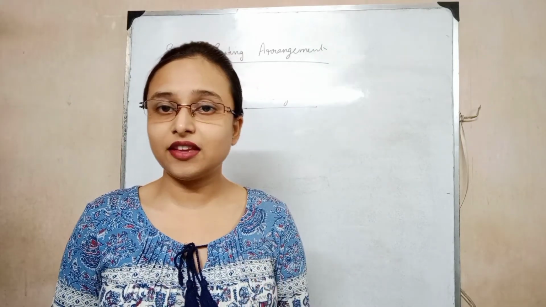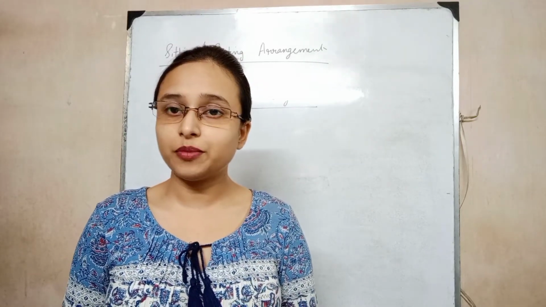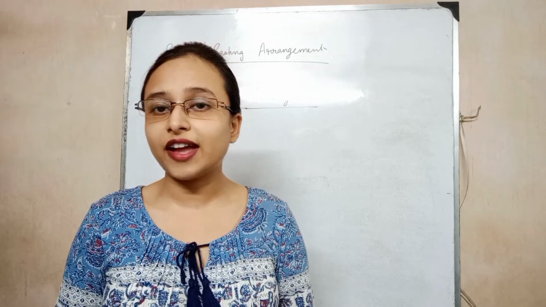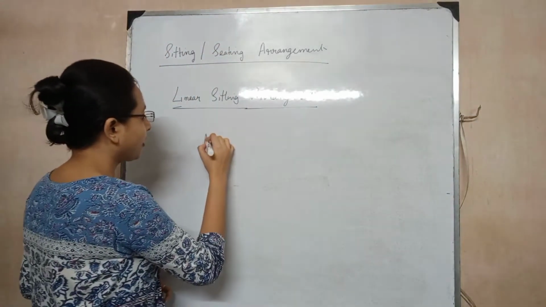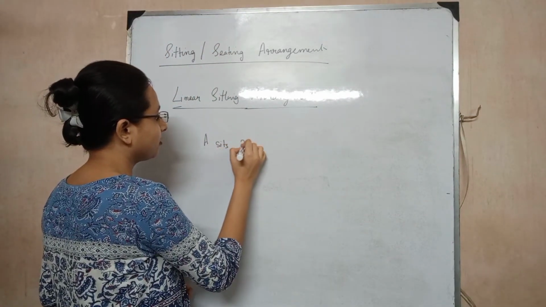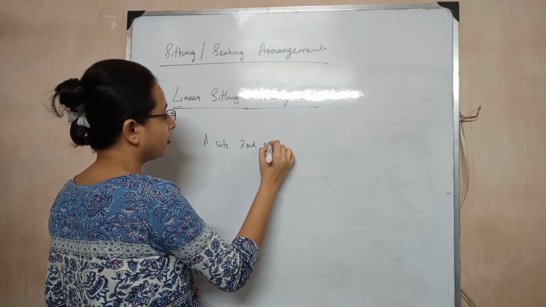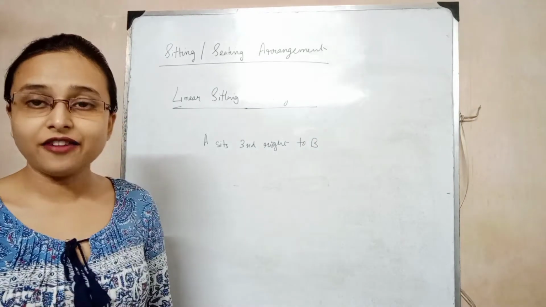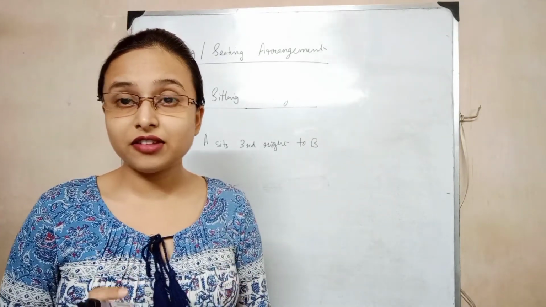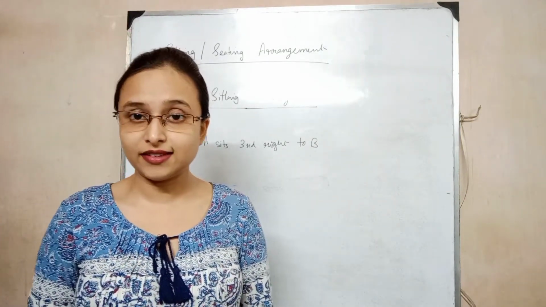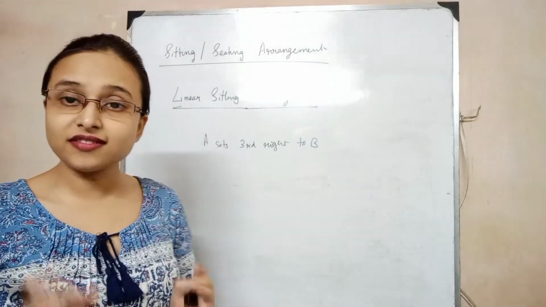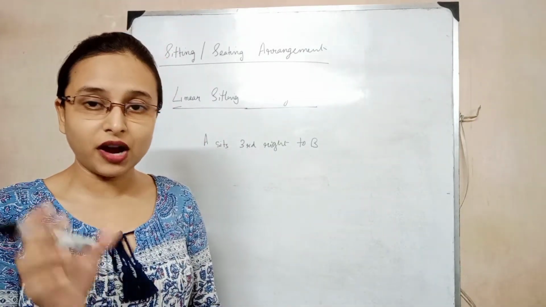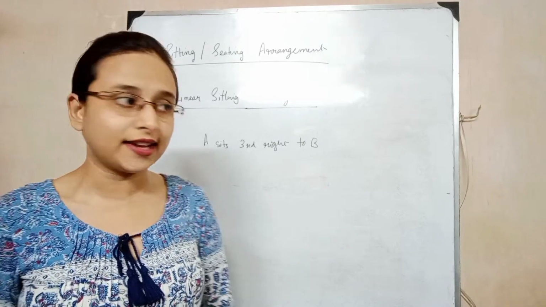If 'and' is given in a sentence, for example, A sits third right to B. If I have written this, be very, very careful in listening to this sentence. This is just a part that I'm explaining, a part of a question that you might get.